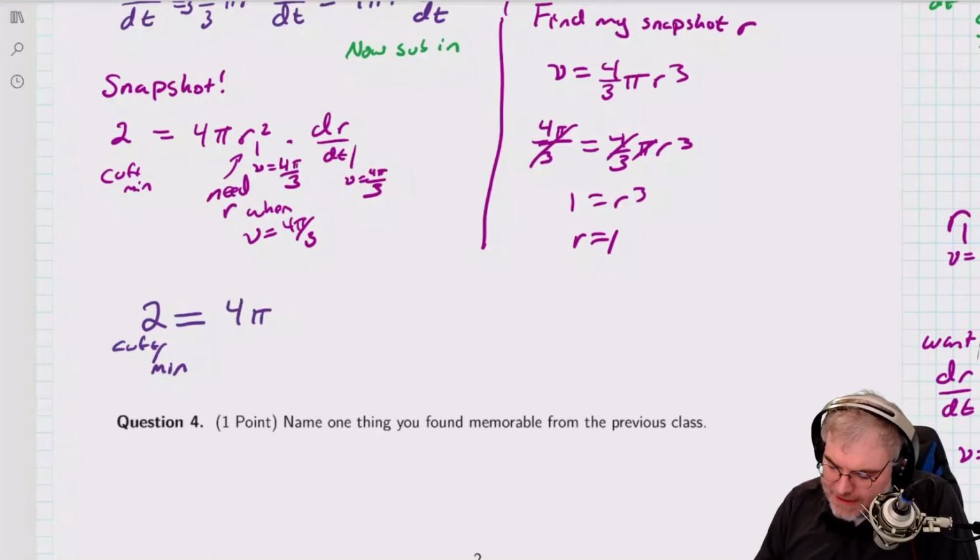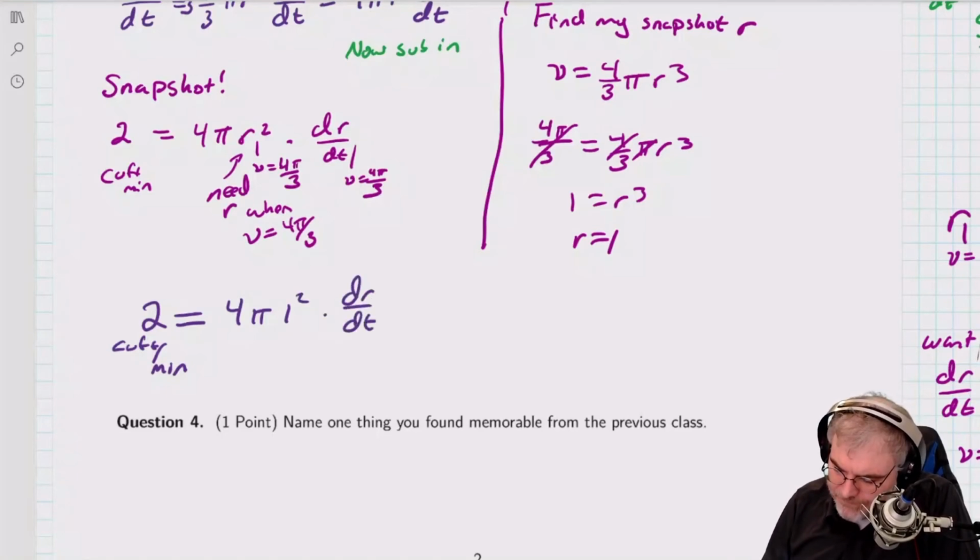So you've got pi r squared. Now this r that I needed was 1. That's convenient. Times dr over dt when r equals 1. And this 1 here, the radius, is in feet, so this is going to be in feet squared. The 2, I move over to the other side.